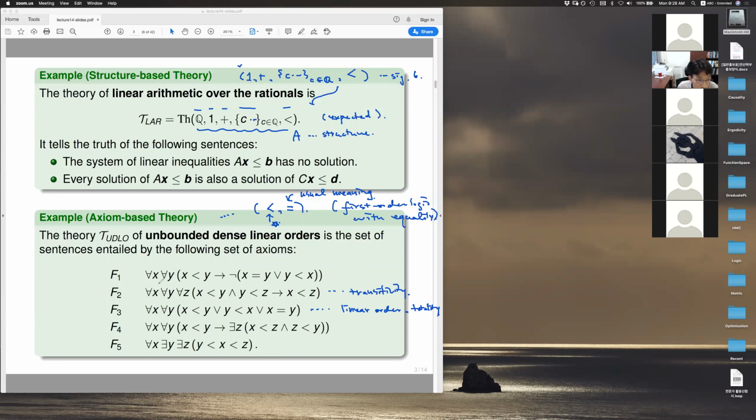And then the first condition is actually sometimes called two properties together. One is called irreflexivity: x is not less than x. That's what the first part says. And the second one is called asymmetry, which says if x is less than y, then y is not less than x.